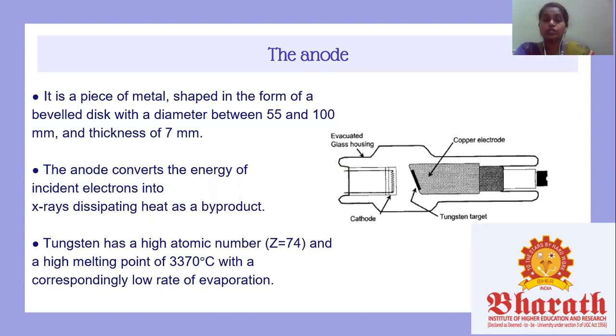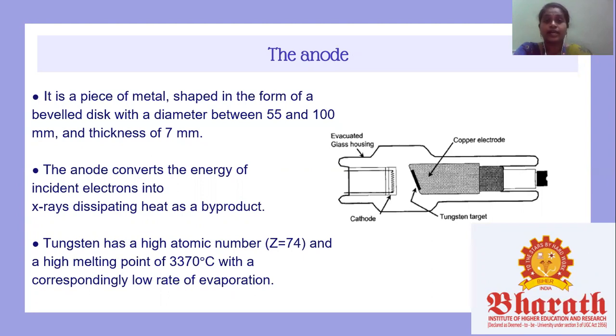Most X-ray tube anodes are made of tungsten, which is a target metal. Tungsten has a high atomic number, 74, and a high melting point of around 3370 degrees Celsius with a corresponding low rate of evaporation. The high atomic number of tungsten gives more efficient Bremsstrahlung production compared to lower atomic number target materials.